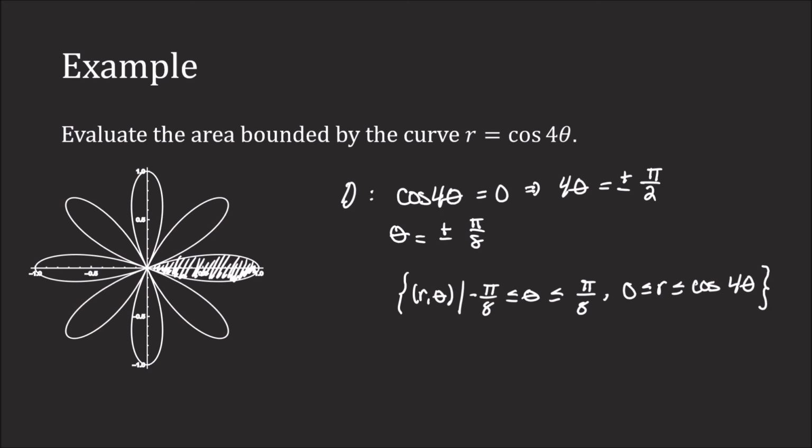So remember area is the double integral over the domain of dA. So that's the area of one of these petals, right? So total area would be 8 times this double integral.